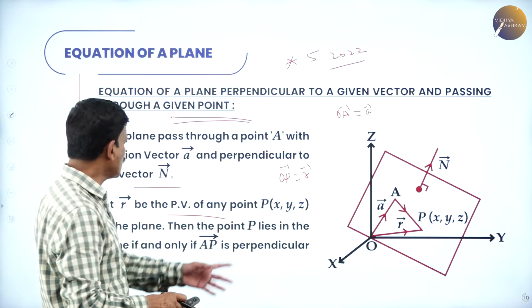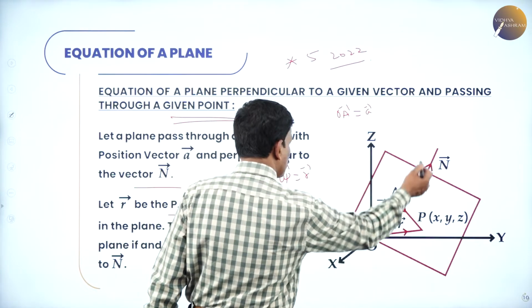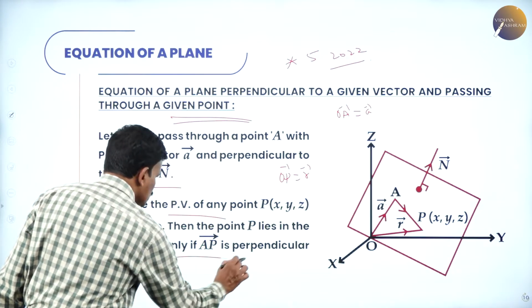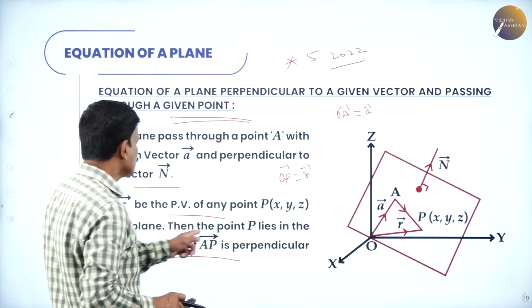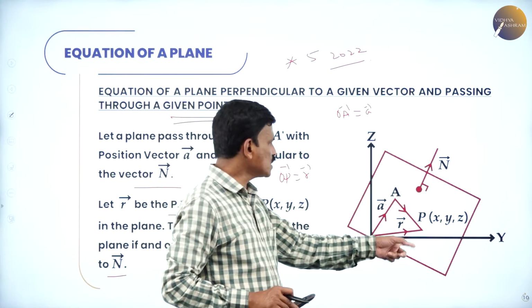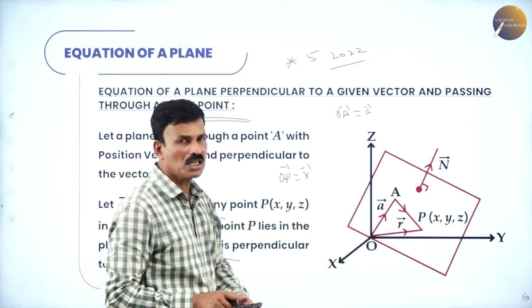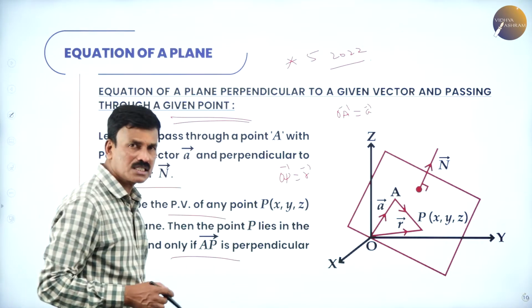Then the point P lies on the plane if and only if the line AP is perpendicular to n. This is very important. That is, the point P lies on the plane if and only if AP is perpendicular to vector n. This is the construction per se.